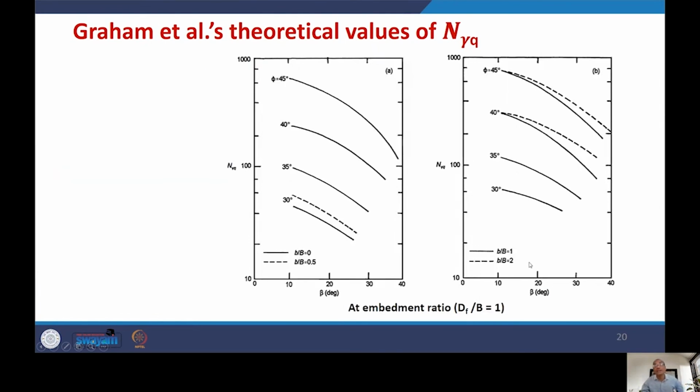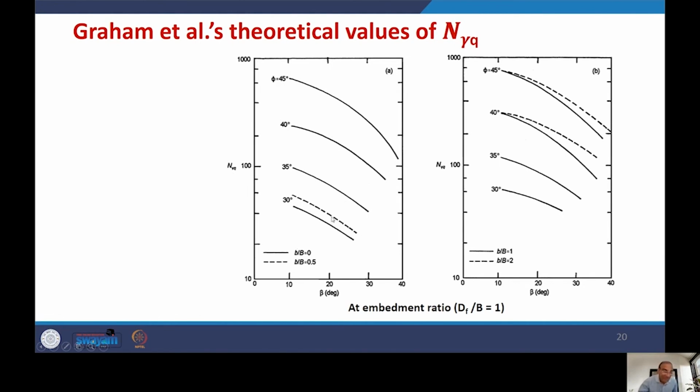Continuing with that, the earlier chart was for Df/B equal to 0. Then the same chart has been repeated for Df/B equal to 1, and these are very clear. One can see that when the slope angle beta increases, the value of the factor Nγq will continuously decrease, irrespective of the angle of internal friction.